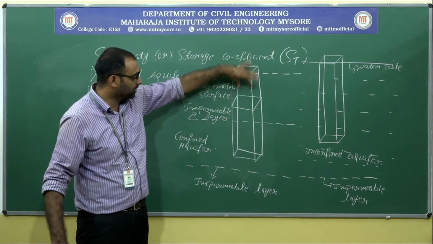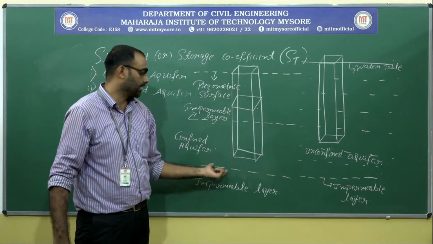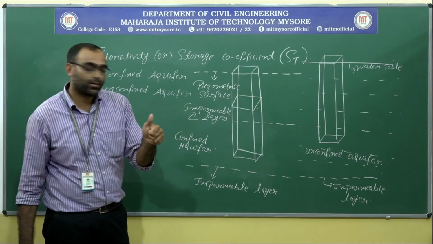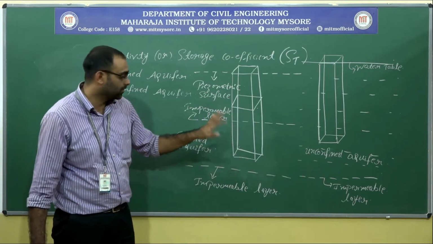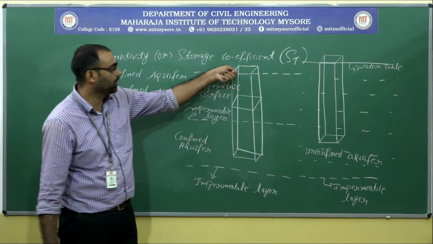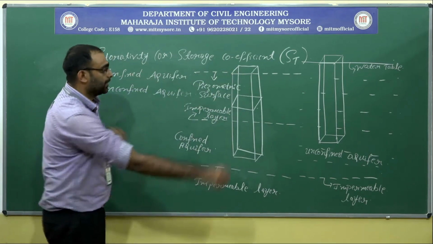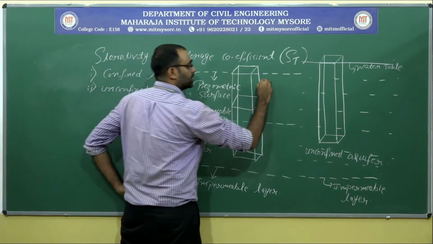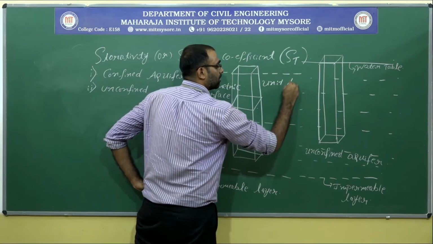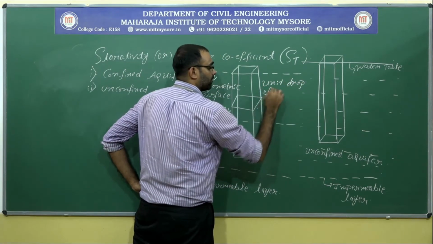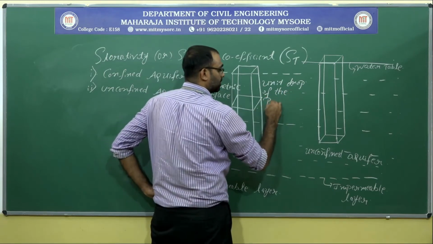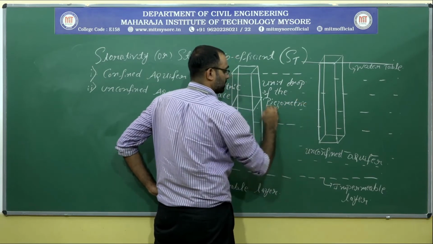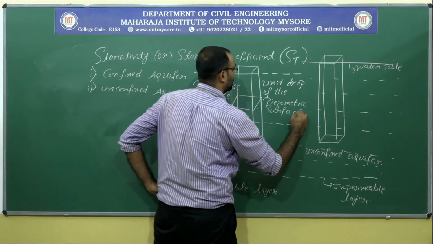So let me come back to the previous explanation. What happens once you insert this piezometric like tube inside this aquifer, the water starts to rise inside that, okay. If I am extracting the water from this confined aquifer, the water will come out. What happens? The level of this surface gets down, okay. Let me say there is a unit drop of the piezometric surface, okay.